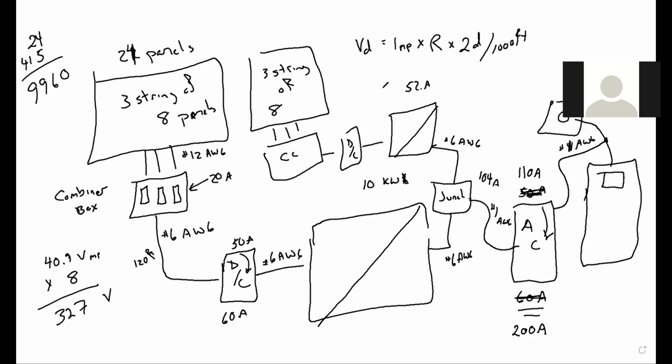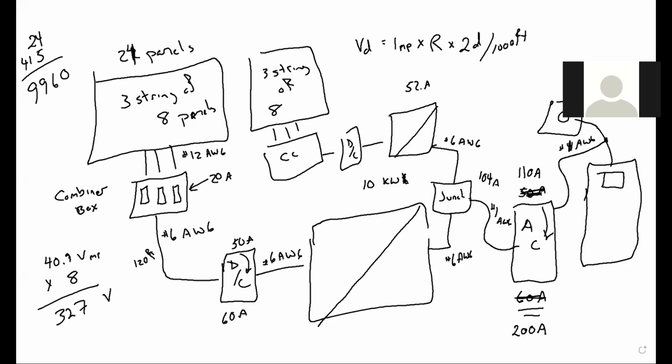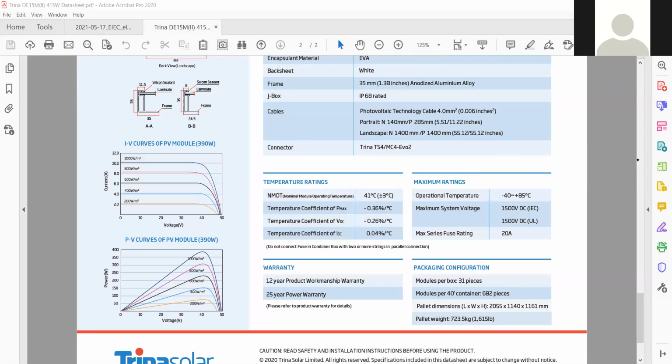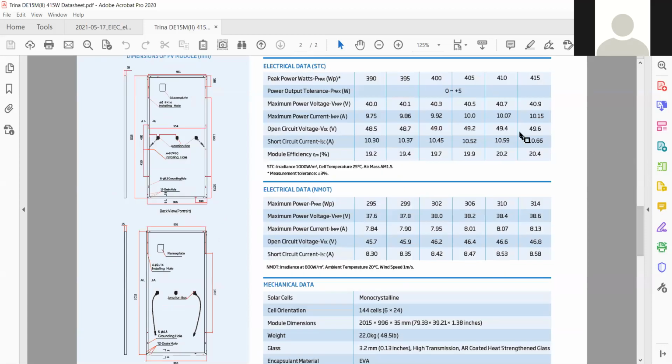Okay, so what is the IMP? Well, in this case, we're going to have to go back to the solar panels. All right, solar panels here, and the data sheet, there were the 415s. So the IMP, 8.13?